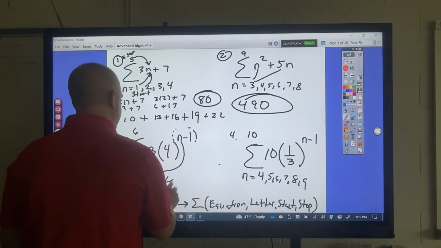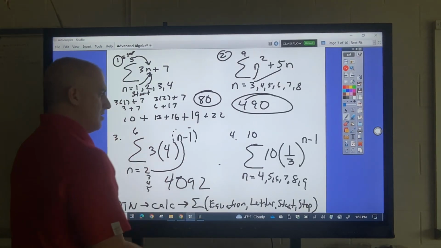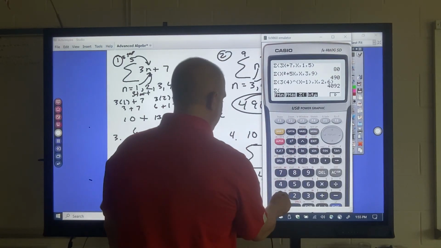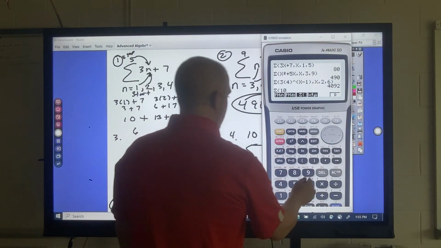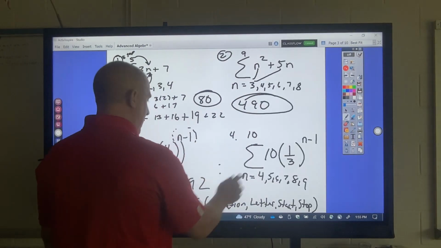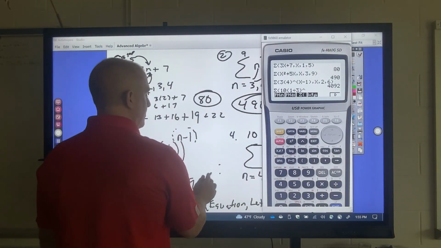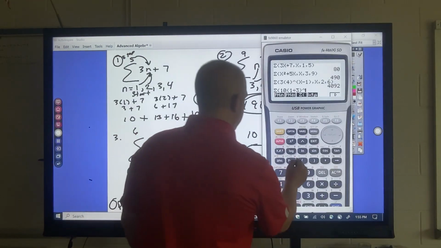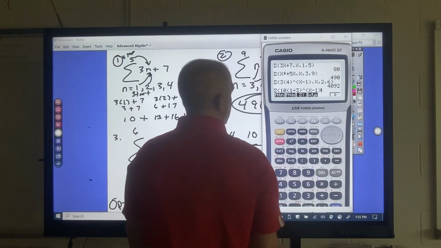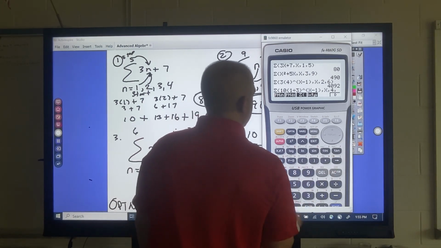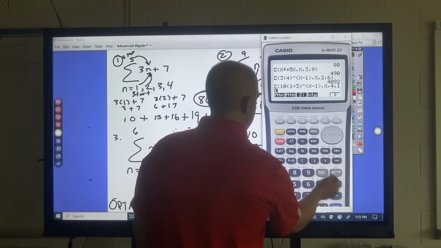And that's 4,092. Okay, so let's do this one. E, I got 10. Parentheses, I got 1/3, so 1 divided by 3. Exponent. I've got parentheses X minus 1, comma X, comma 4 is the start, comma 10 is the finish.